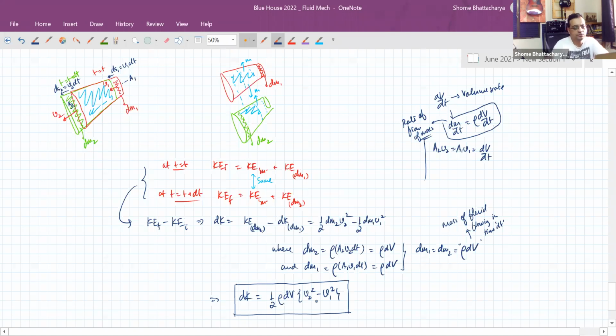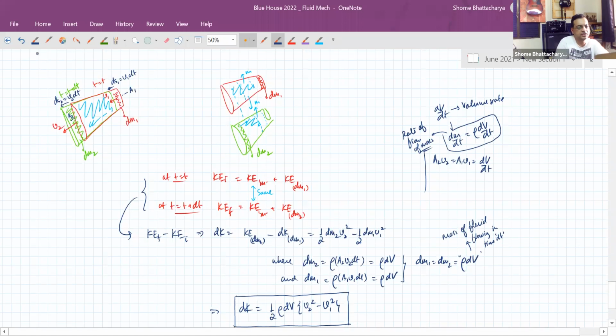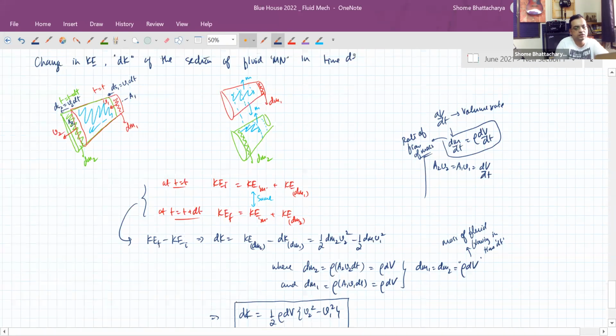Just note down this term next. This is the second part of the derivation where we are looking at the change in kinetic energy, dk, of the section of fluid which we had earlier marked as mn, in time dt, that is from t equal to t plus dt.